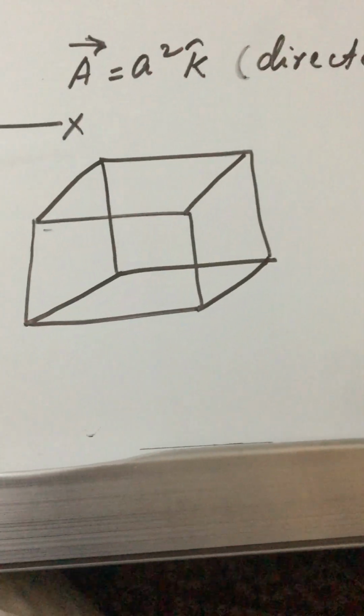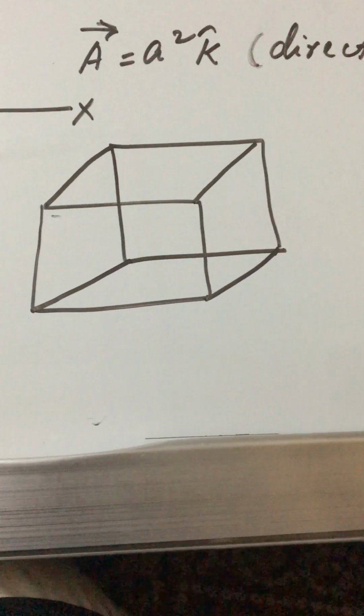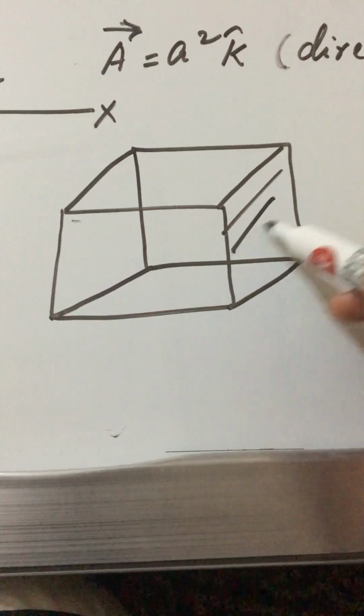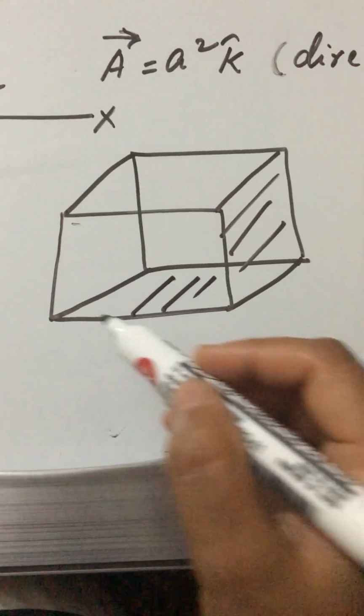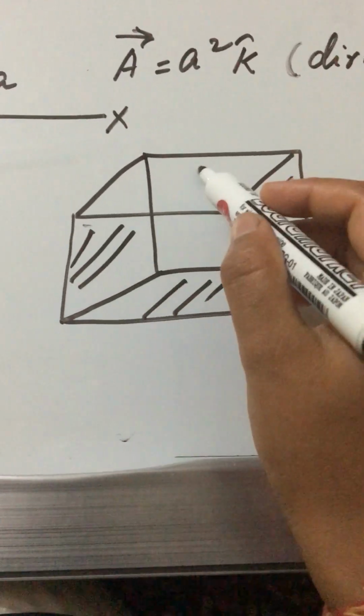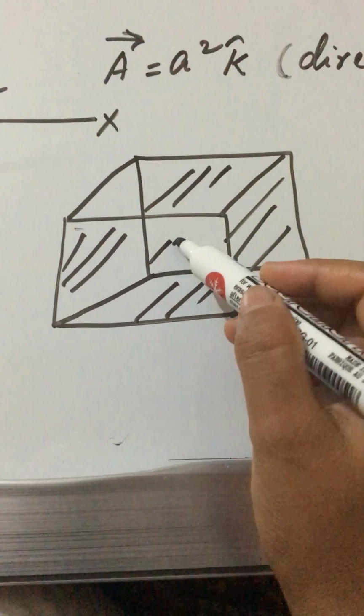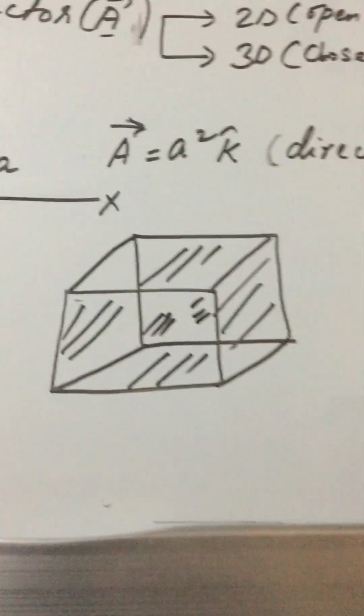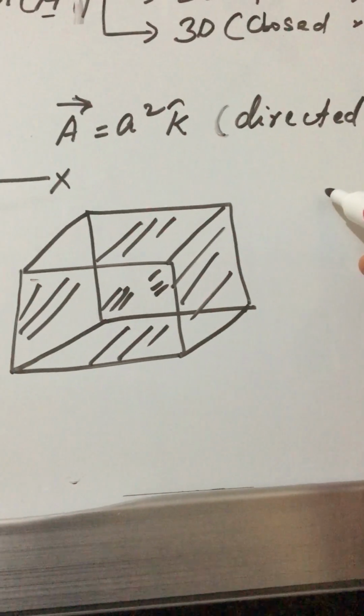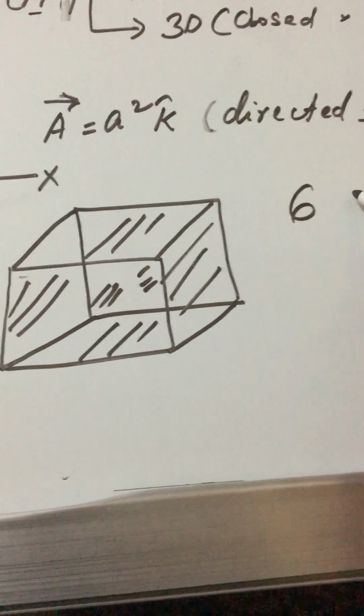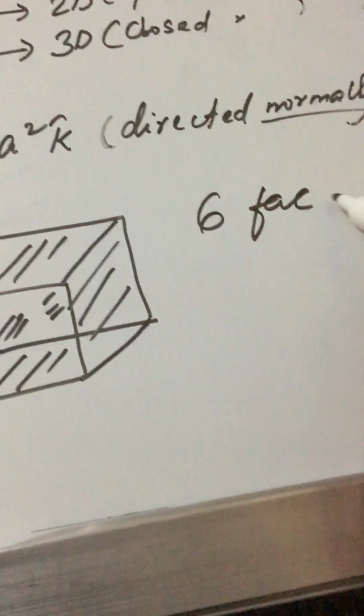Okay, let's say this is a cube. Now how many surfaces does it have? One this, another this, another this, another this, another the front, and another the back part. So it has 6 faces.